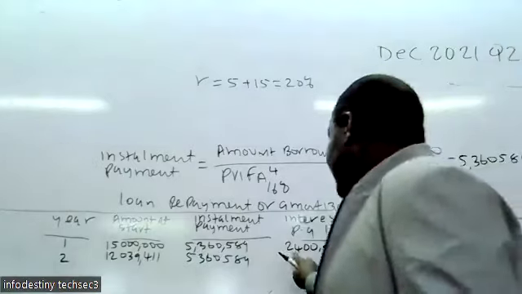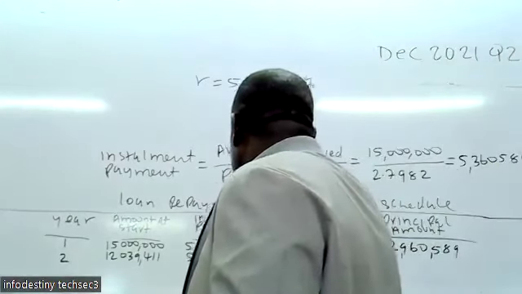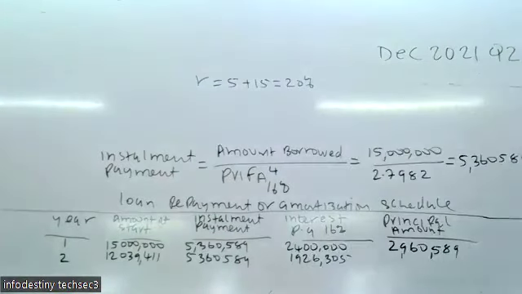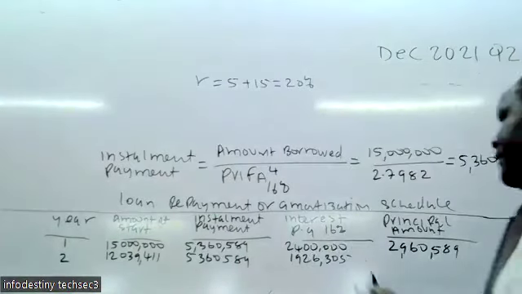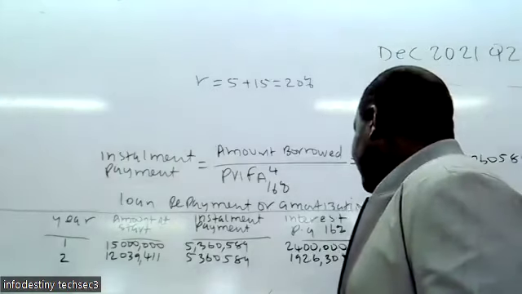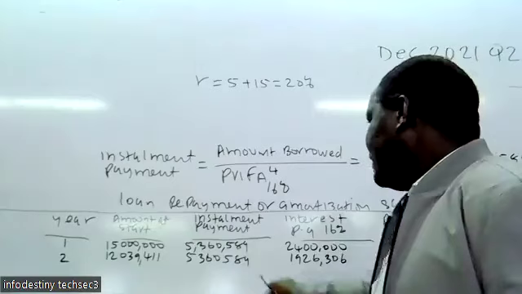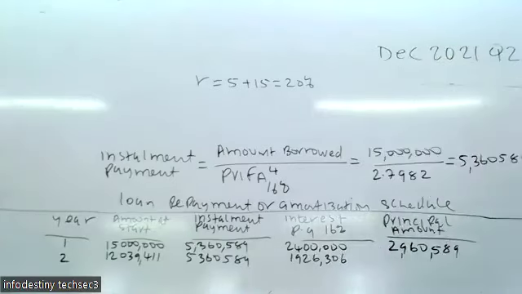305. Then when you round off 36. Also subtract this from that to get the balance, the principal amount.